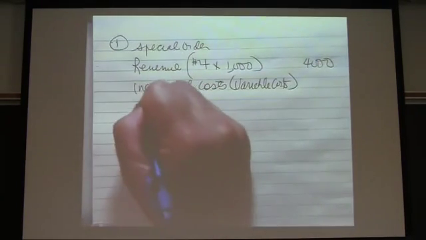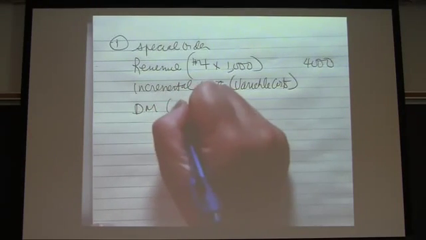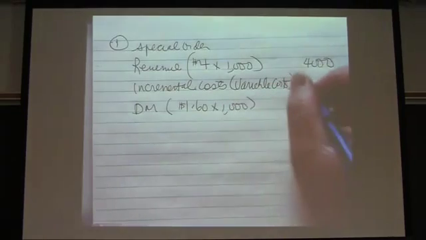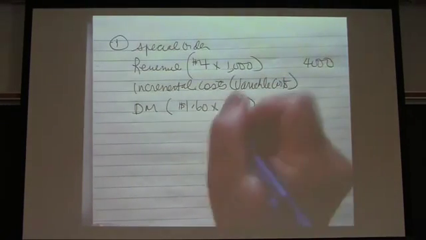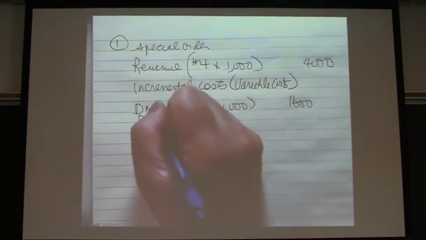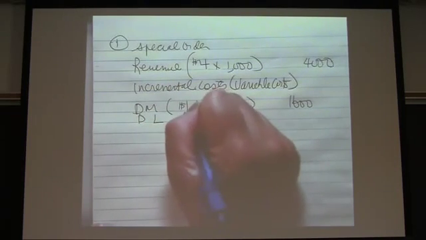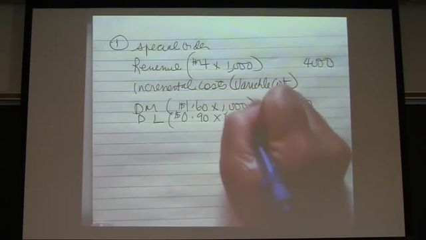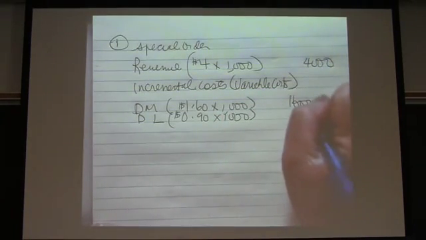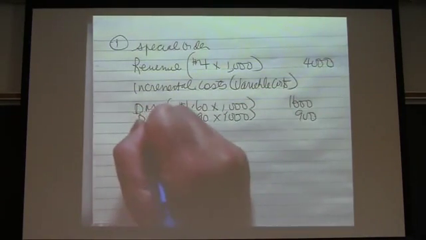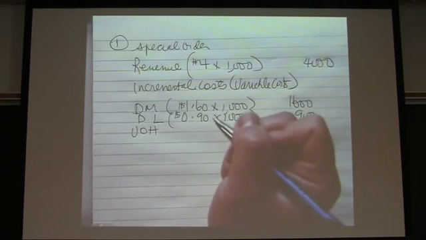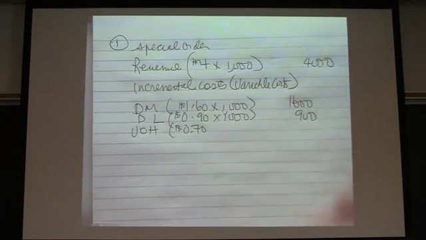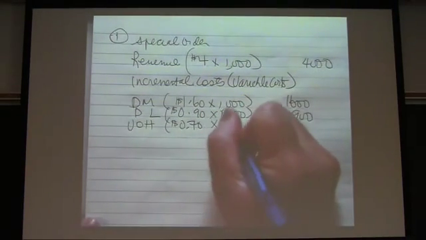Direct materials is $1.60 times 1,000. Direct labor is 90 cents times 1,000. Variable manufacturing overhead is 70 cents times 1,000.